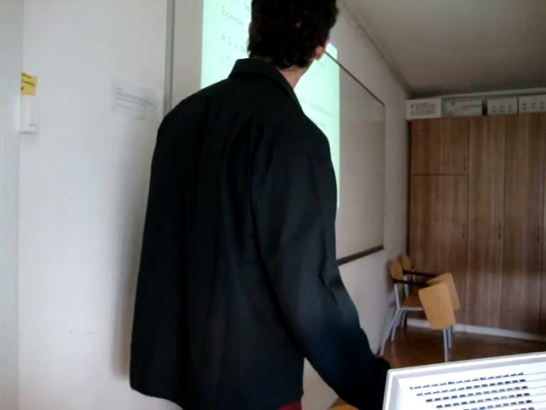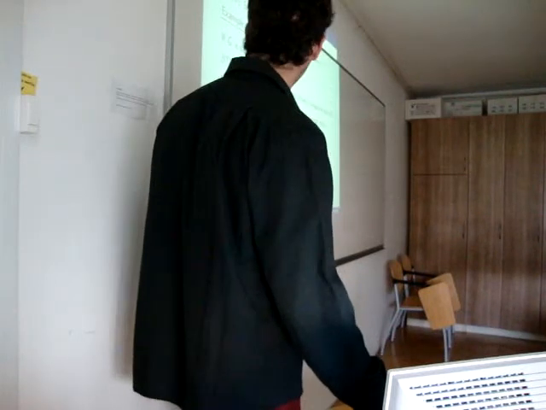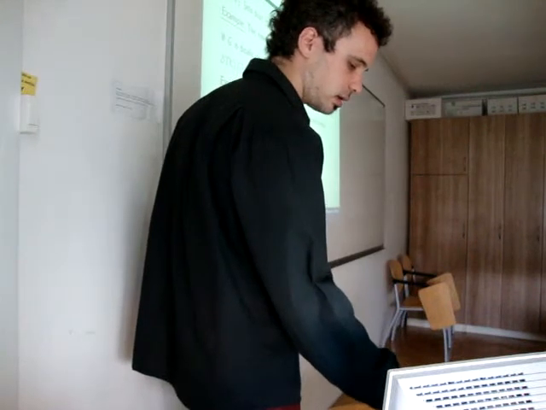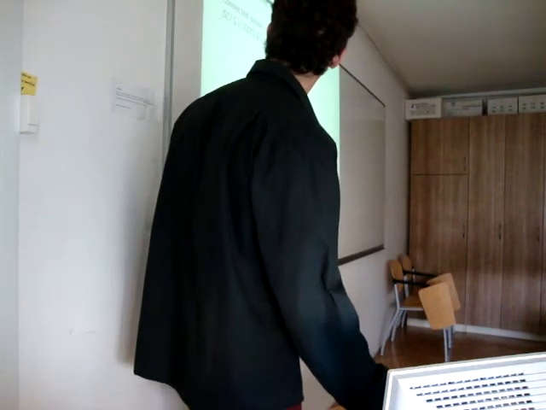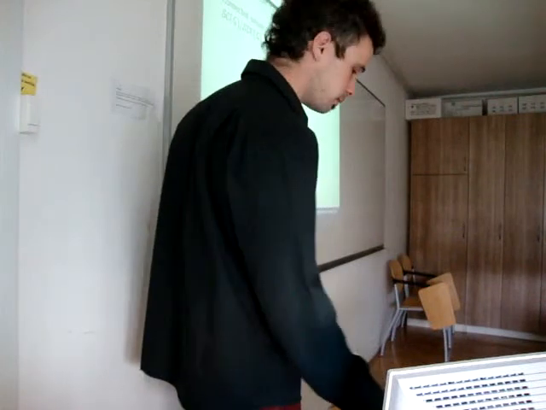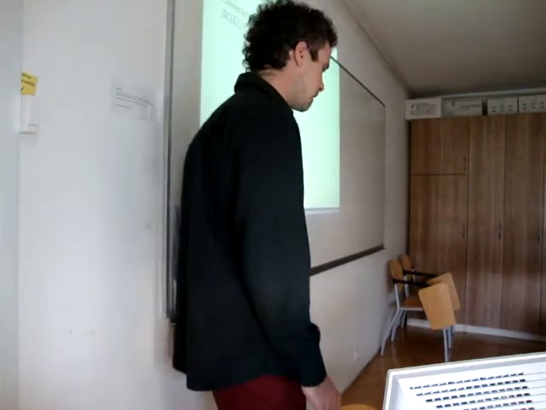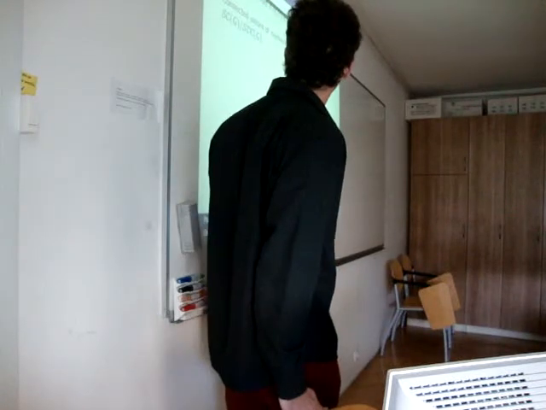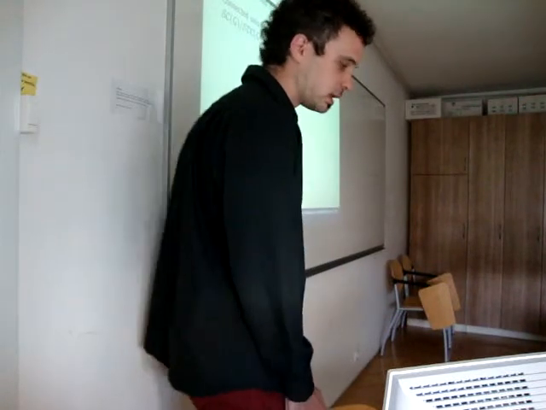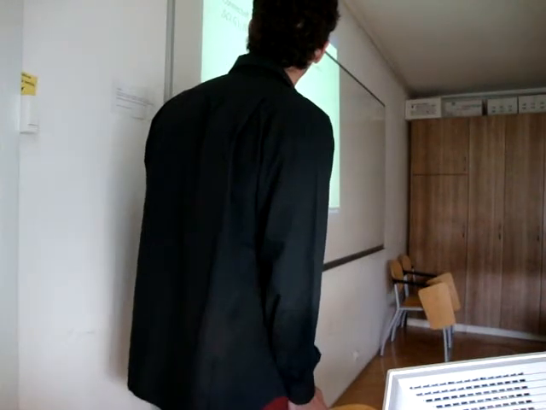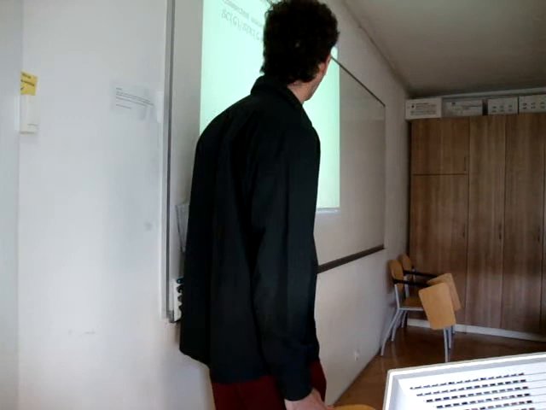Now, if we want to study the structure of these families, it is useful to first define connected unions. We say that a union is connected when the intersection graph of all the sets that are in the union is connected.